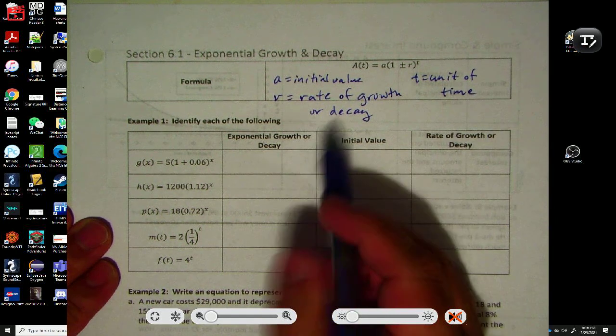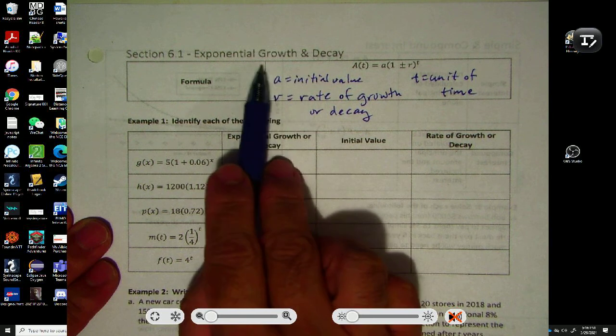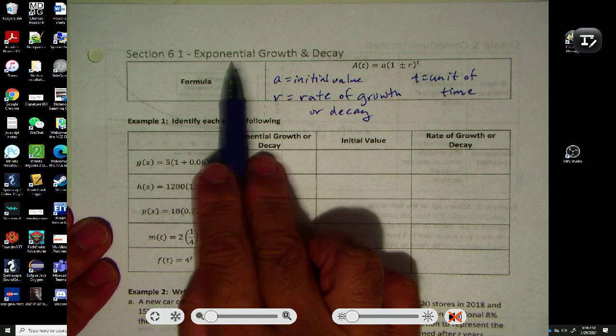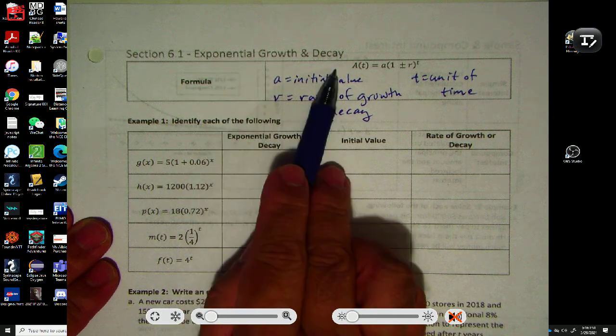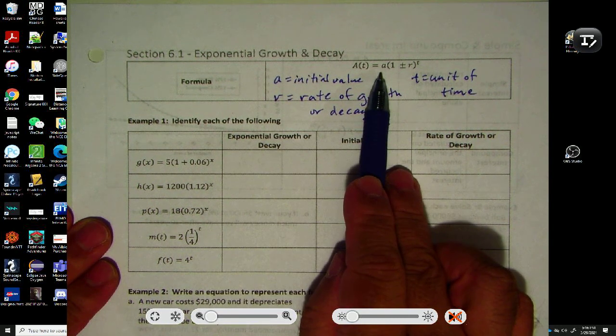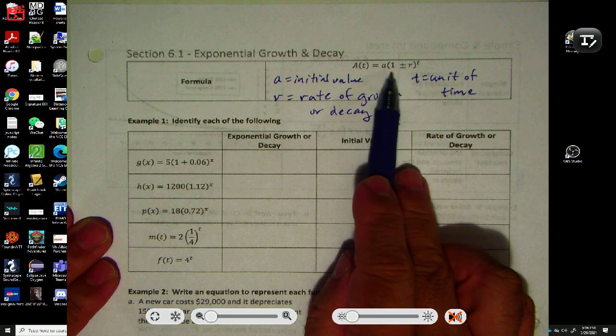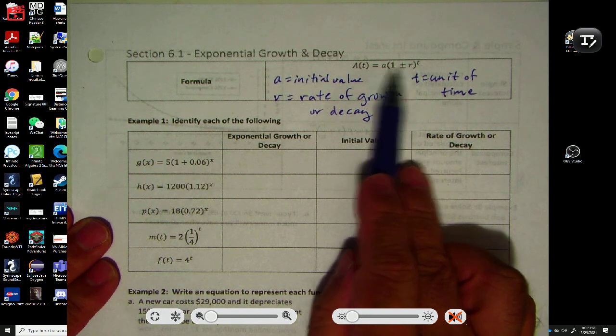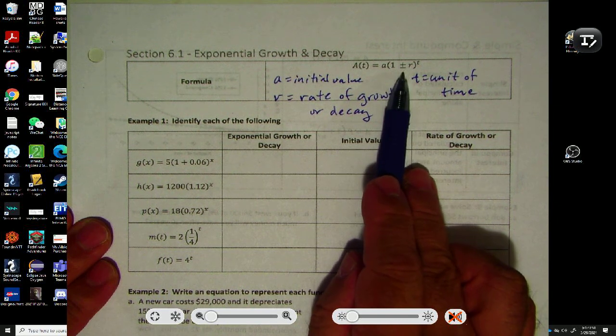Okay, so what we're looking at is the formula for exponential growth or exponential decay. And A is how much you're starting with, so you've got to have something to grow. And it's always going to be some relation to 1. So if it's 1 plus a growth rate, it's going to be growing. If it's 1 minus a rate, it's going to be decaying.